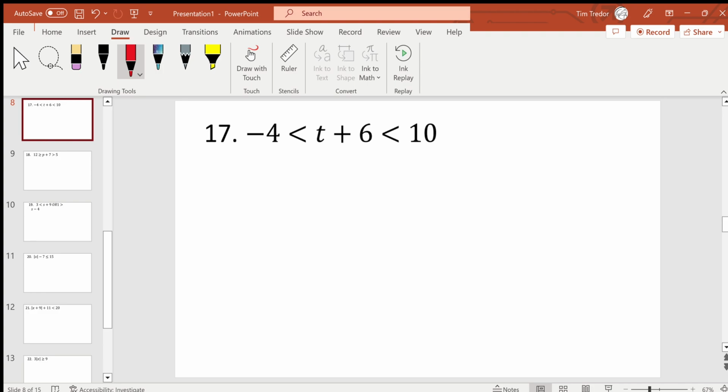All right, number 17, we can subtract. Subtract 6 from all 3 sides.